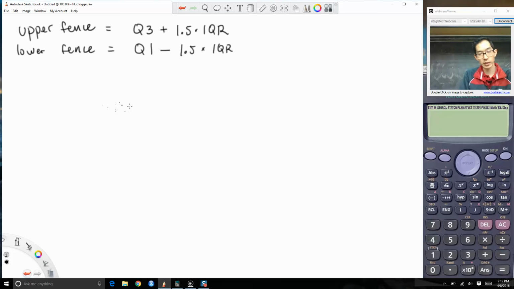Looking at a box plot, this is our bare bones graphic display of the data.